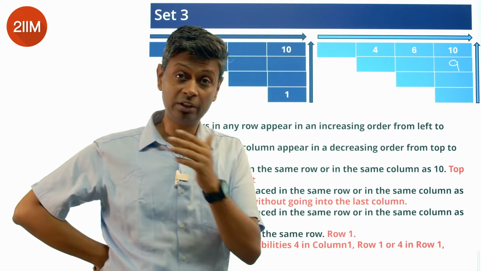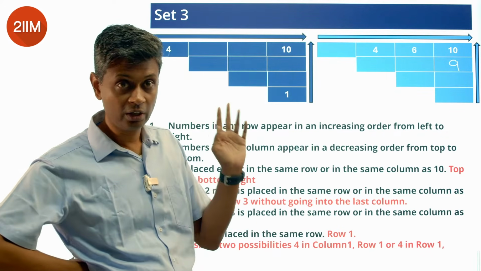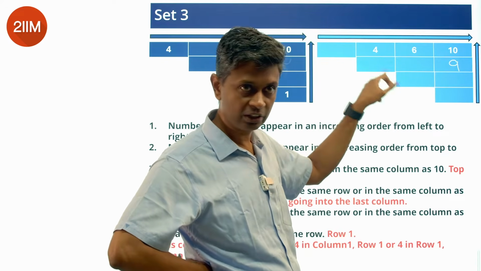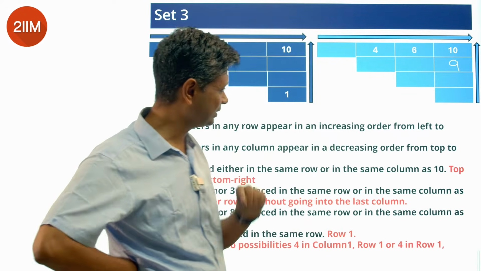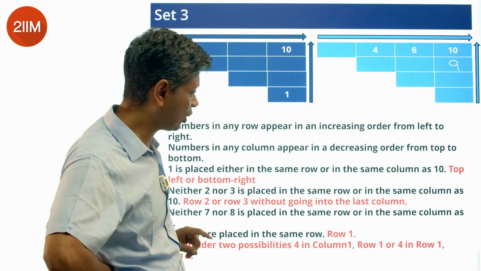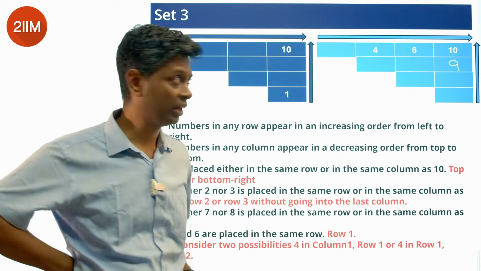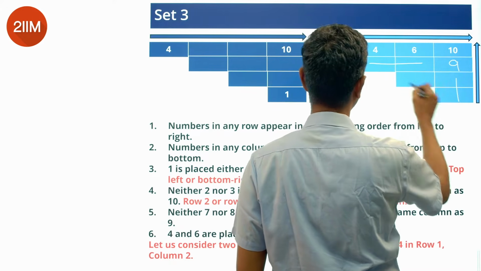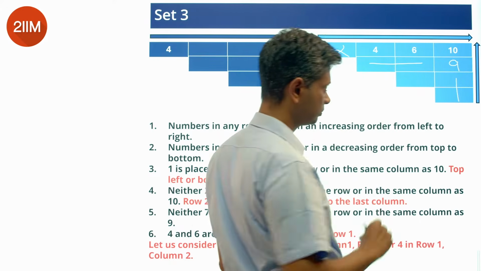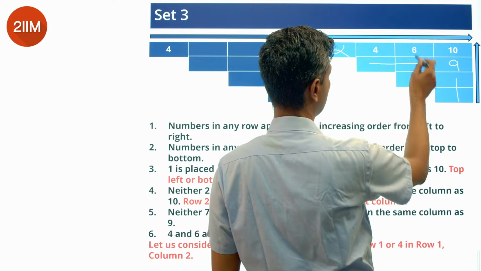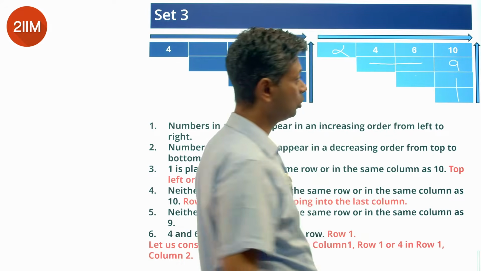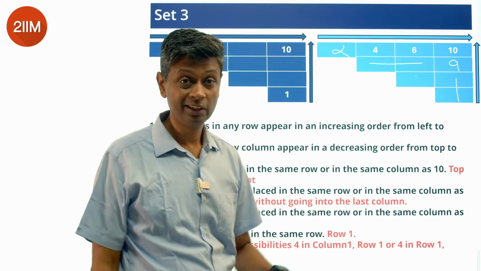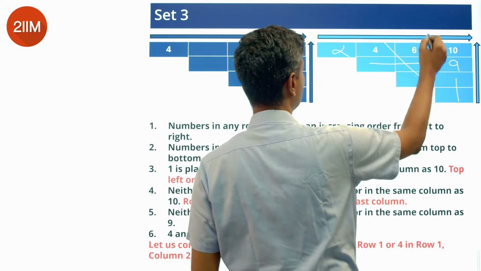It can be some other thing where it doesn't interfere, but it has to be adjacent to 10. I cannot put 9 here, then there will be nothing to put here. If 9 is there, then 7 and 8 cannot be in the same row or same column as 9. So 7 and 8 cannot feature here, cannot feature here. They cannot be here either because it's an increasing order. There's no room for 7 or 8, or 4 cannot be here. This whole thing doesn't work.